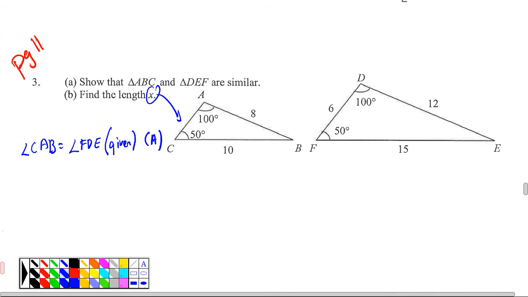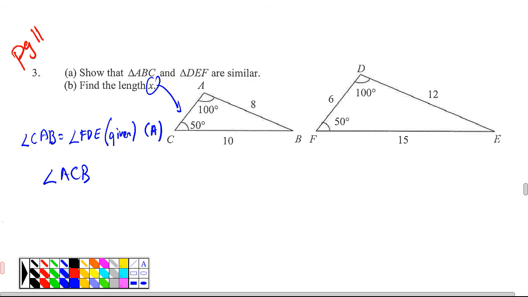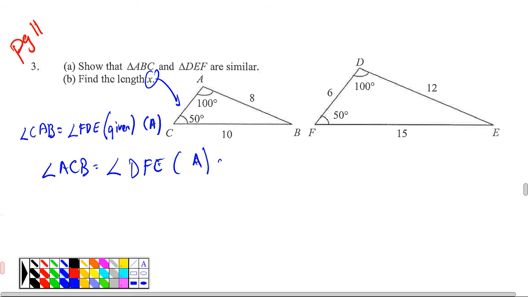Do I use SAS? Put a bracket. Do AA, then you put what's the reason? So I got a second A. So where's the X? On the board. Okay, easy.